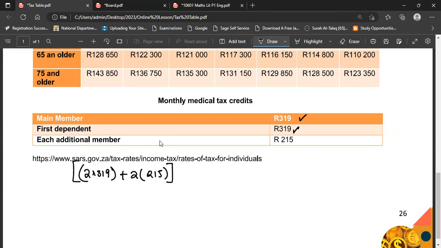Everything has to be multiplied by 12 because it's annual, which is 12,816.